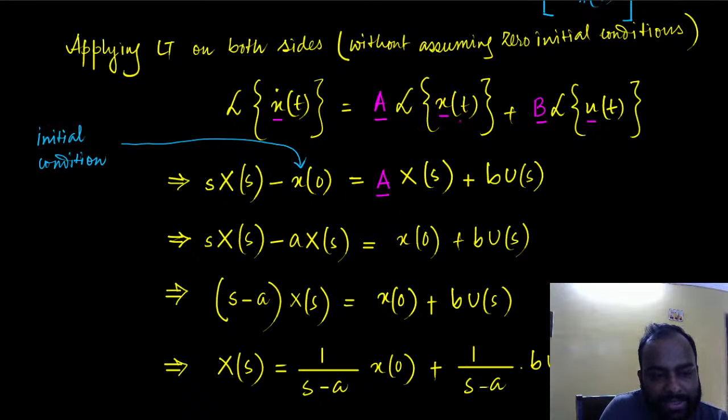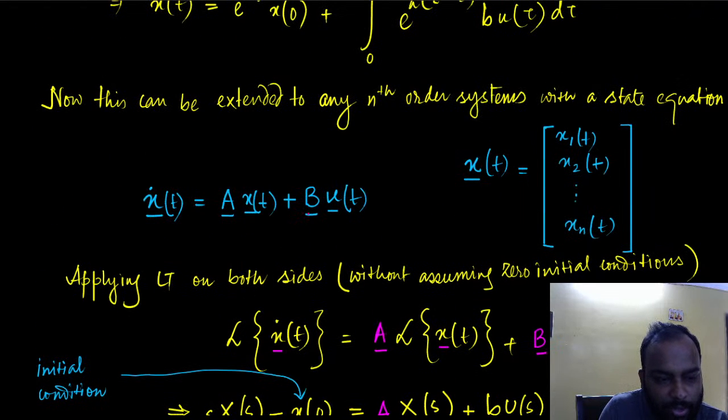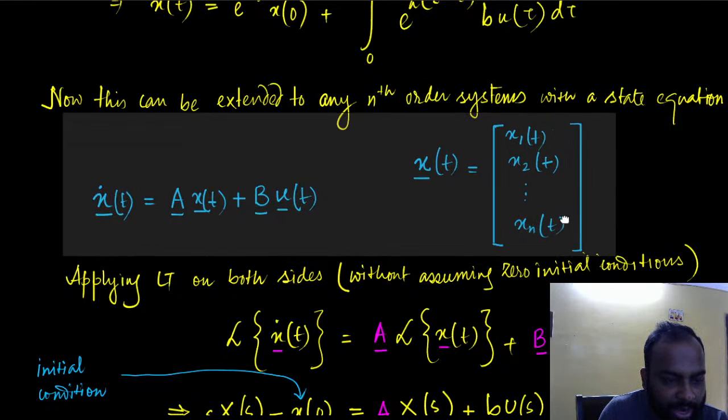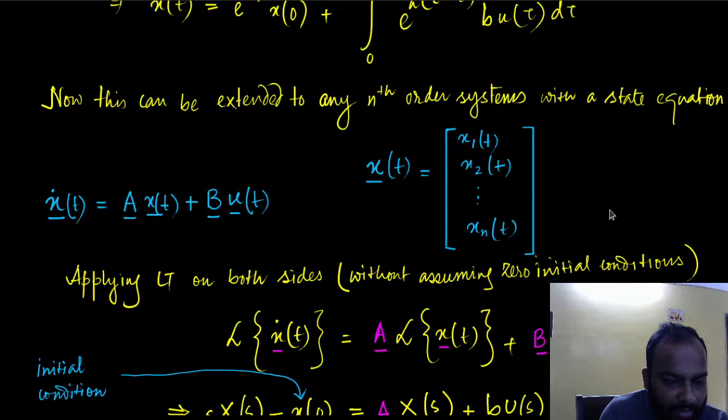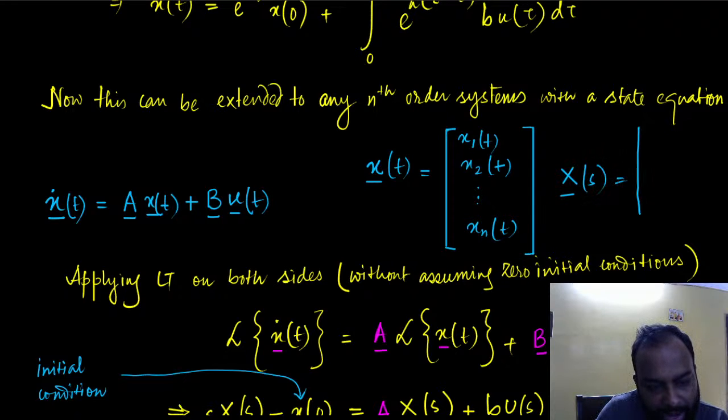And now the Laplace transform of x(t) is X(s). Just to make sure you recall, we mentioned these things in our earlier classes on state space. The Laplace transform of x(t), which is technically a vector, is the vector X(s), defined by the individual Laplace transforms of the elements: X1(s), X2(s), and so on up to Xn(s).